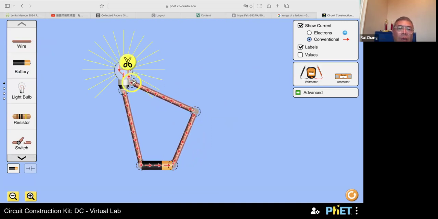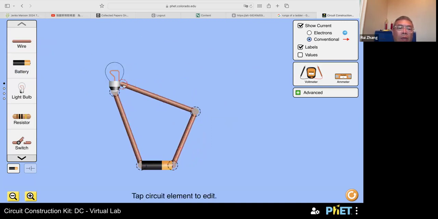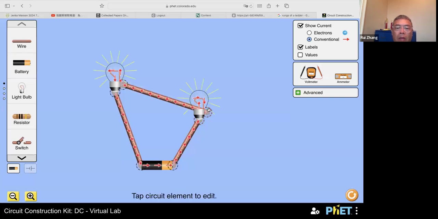Now if you break the circuit and add another light bulb to it, make the connection. You can tell by the arrow, the length of this ray. In this case the light bulb brightness is smaller. So you can add another one.